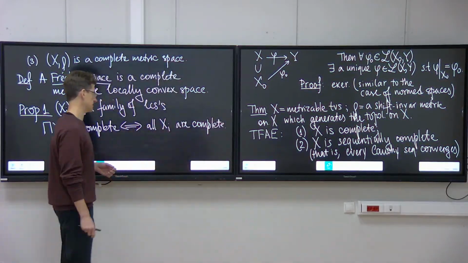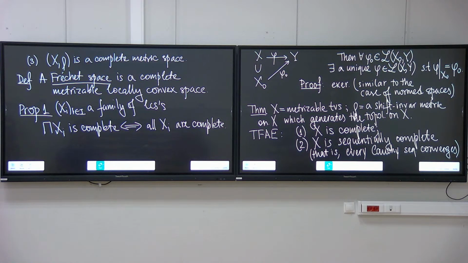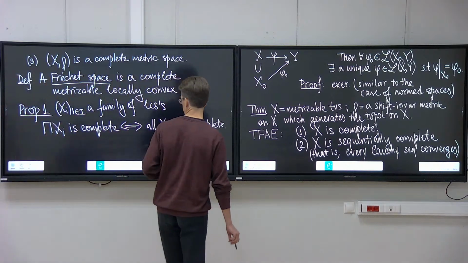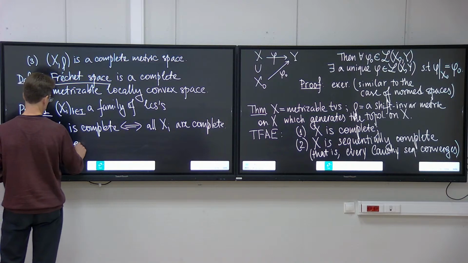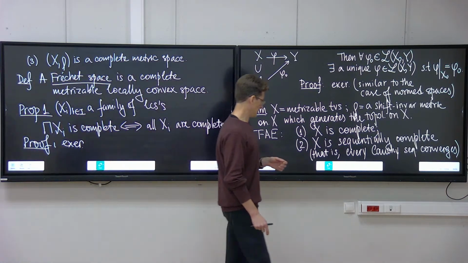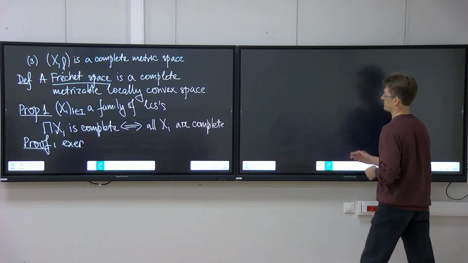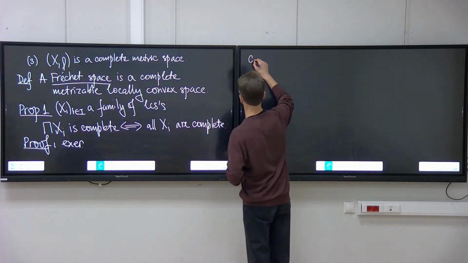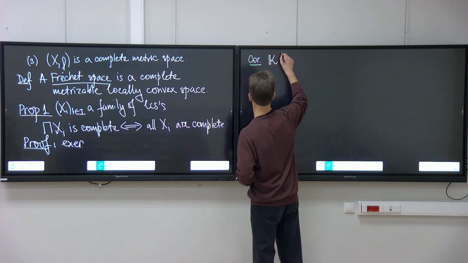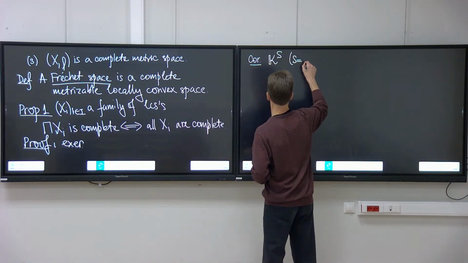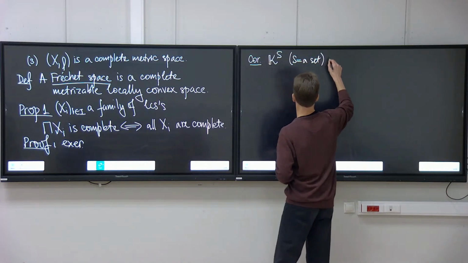In fact, this can be easily generalized to arbitrary topological vector spaces, but for convenience, let's work with locally convex spaces only. The proof is again a simple exercise for you. In particular, we see that the space of all functions on an arbitrary set S is complete.